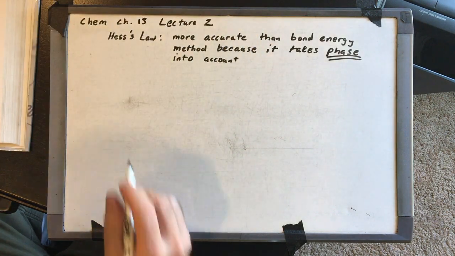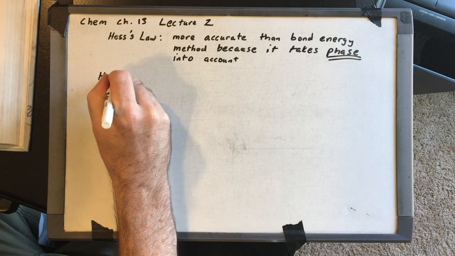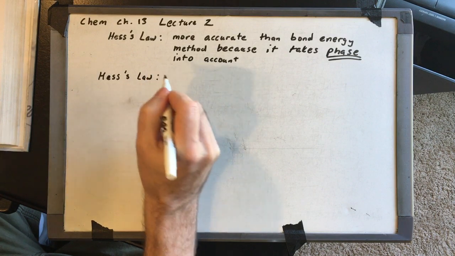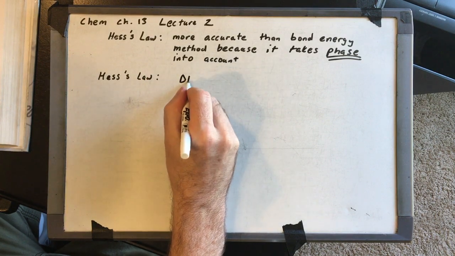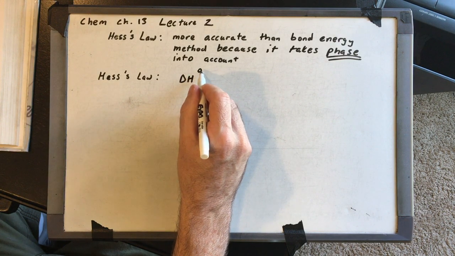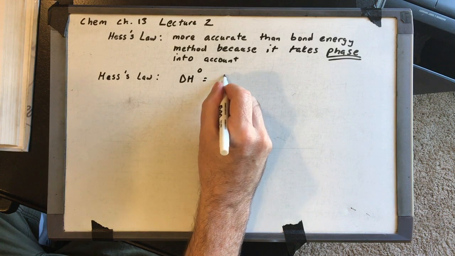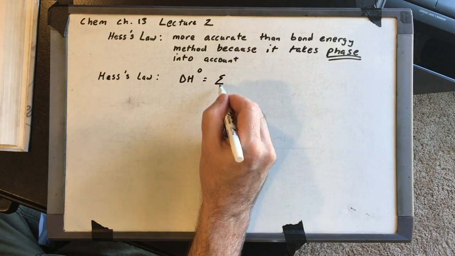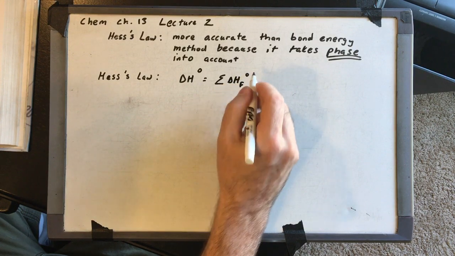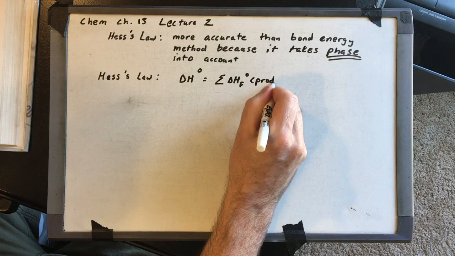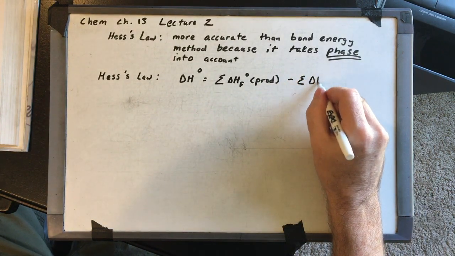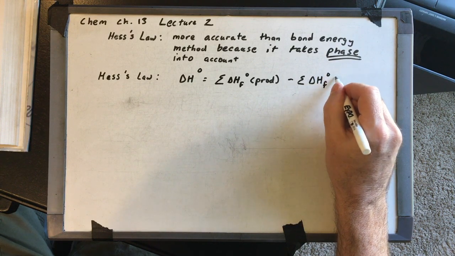So Hess's law equation, the equation that you're going to have to memorize: delta H, and the little degree symbol just means standard conditions, again 25 Celsius, 1 atmosphere of pressure, is equal to the sum, that Greek sigma means to sum up, of the enthalpy of formation of the products minus the sum of the enthalpy of formation at standard conditions of the reactants.